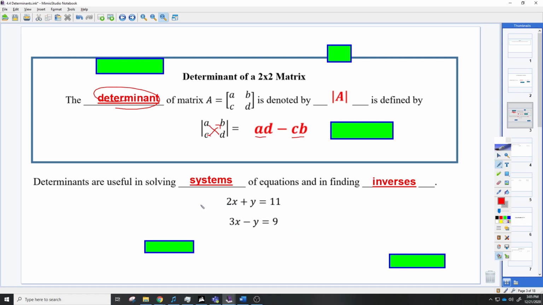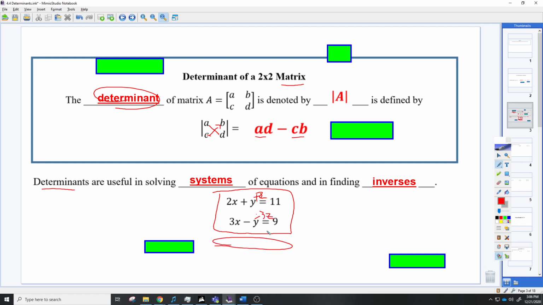So if you remember not that long ago, we were solving equations like this for x and y. You can actually use determinants and matrices to solve these equations. Even when we did the x, y, remember we had like a plus z in there, or like a minus 3z, and we had another equation going on.